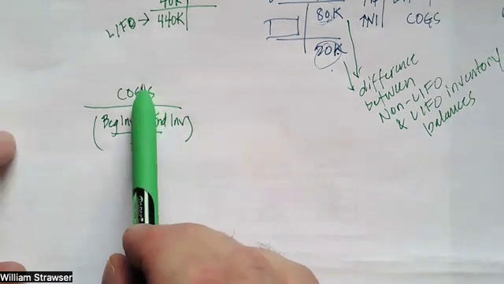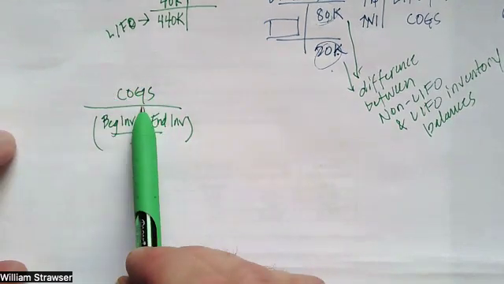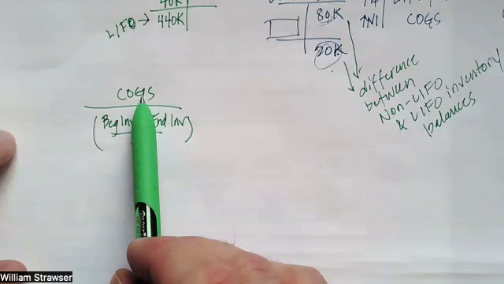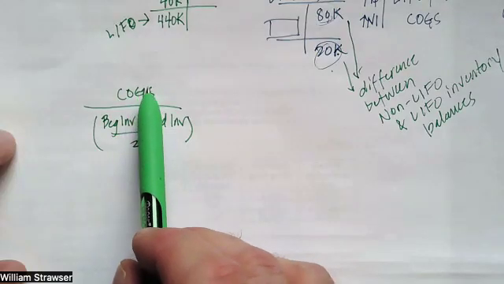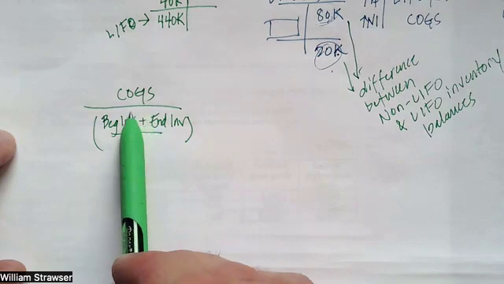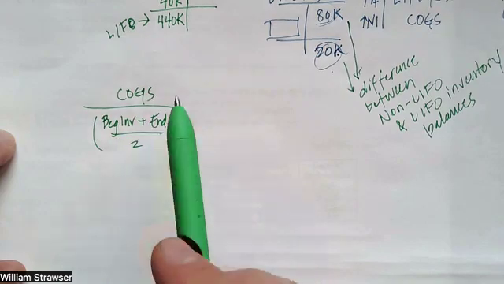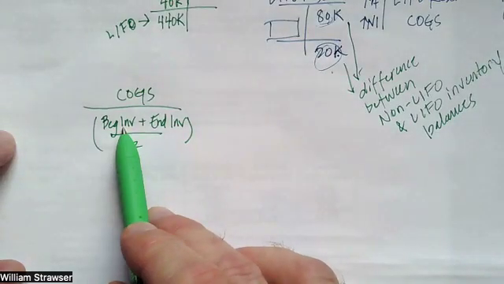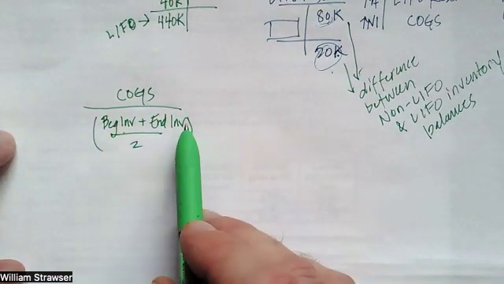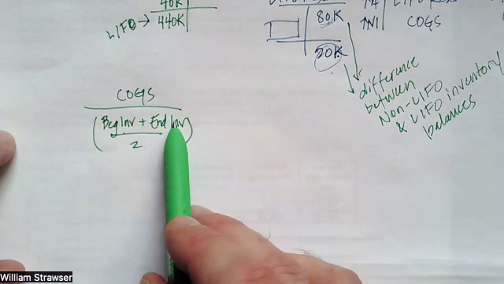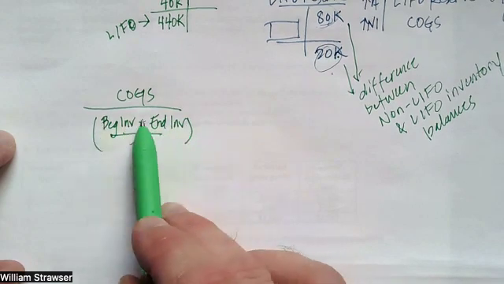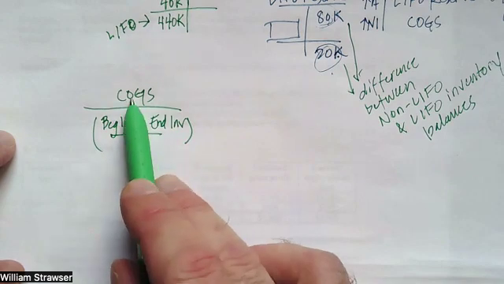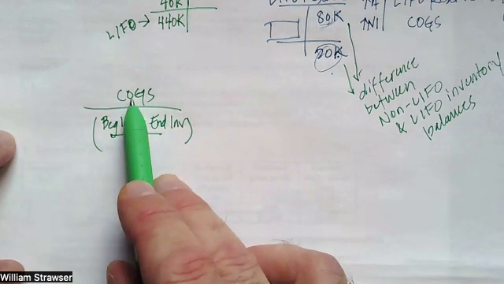If I had, say, $1 billion cost of goods sold during a period, that means I sold things during the period that cost me $1 billion. Every dollar in cost of goods sold was in my inventory accounts. So if my inventory account at the beginning of the period is $1 and at the end of the period is $2, $3 divided by 2, that's $1.50 divided into $1 billion of COGS.